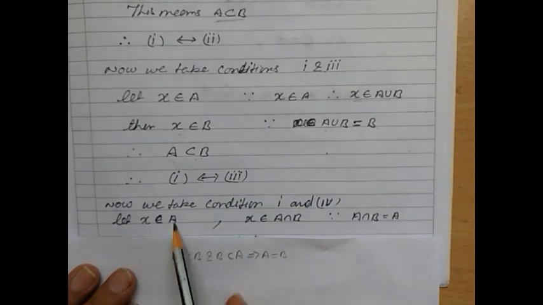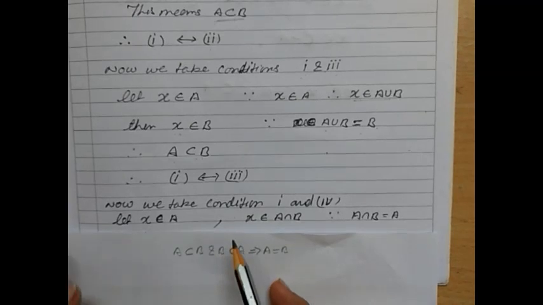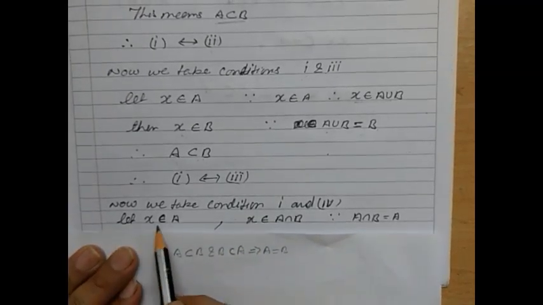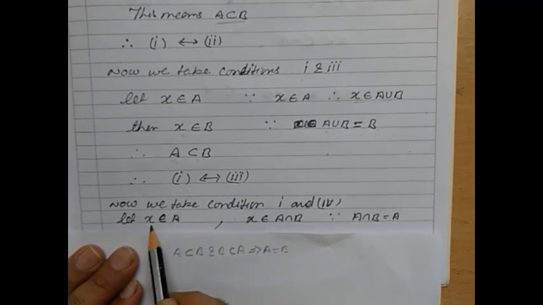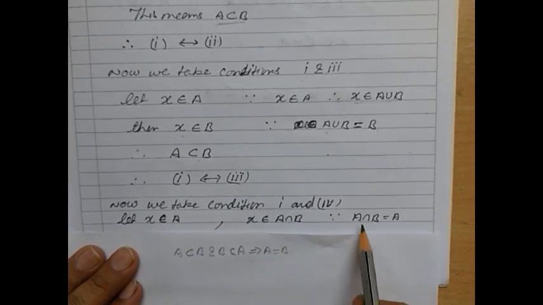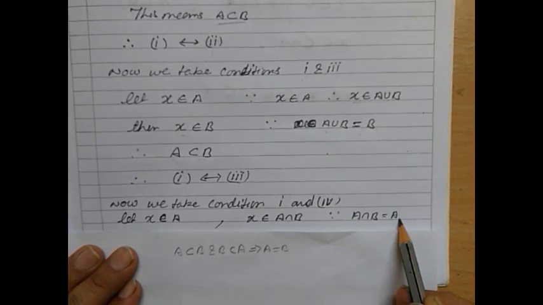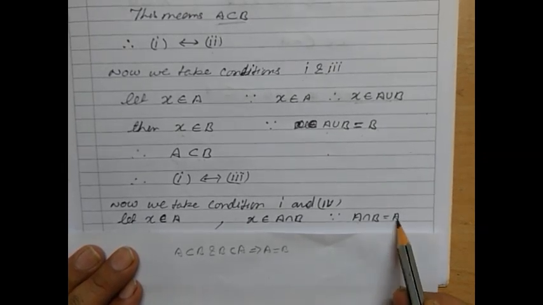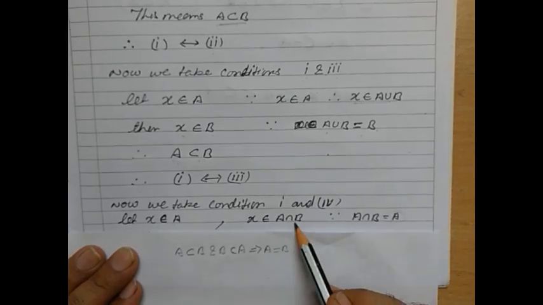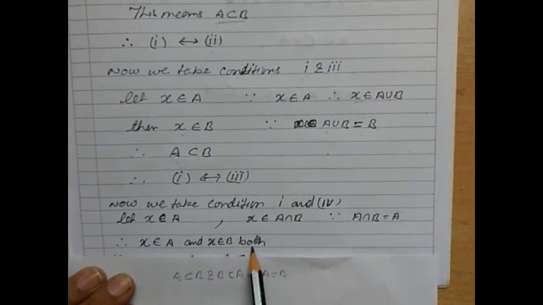Okay. Now we take the fourth condition. It says that A intersection B is A. So here we assume that x belongs to A. So x belongs to A intersection B also, because it is given that A intersection B is equal to A. So when x belongs to A, it will belong to A intersection B. So when it belongs to A, therefore x belongs to B as well.